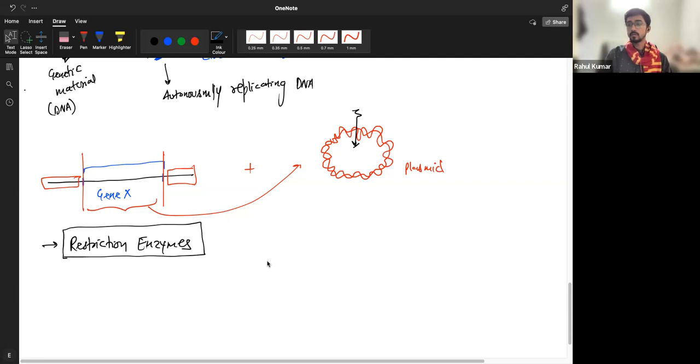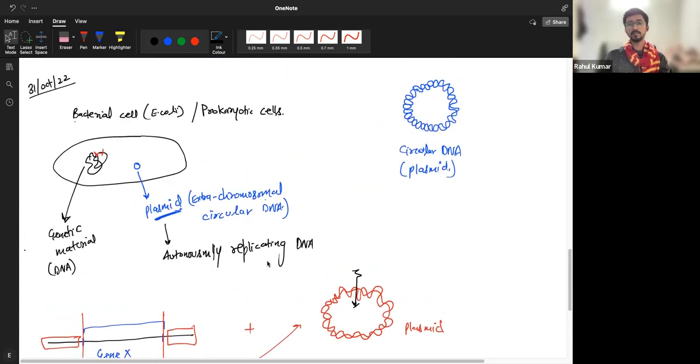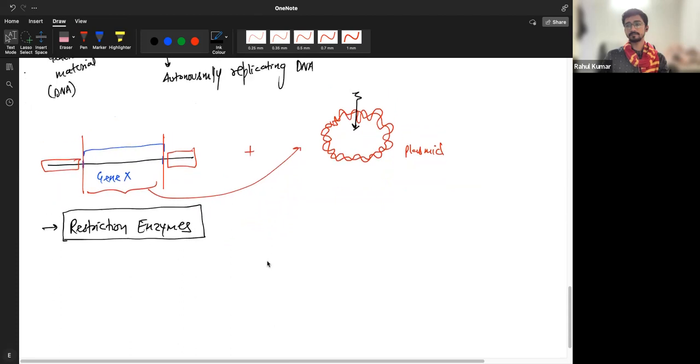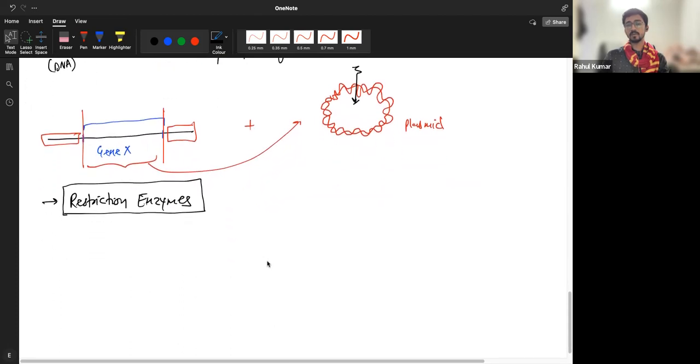Now, why do we make recombinant DNA? I already told you, for cloning, to clone any gene. Now, what is gene cloning? Let's define gene cloning quickly. Write down: what is gene cloning or DNA cloning?